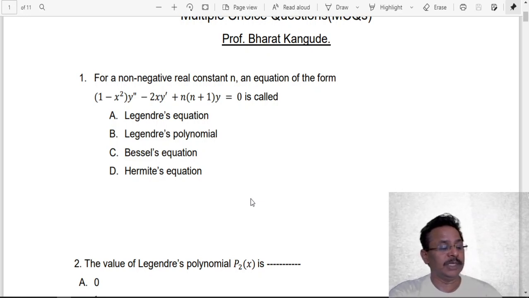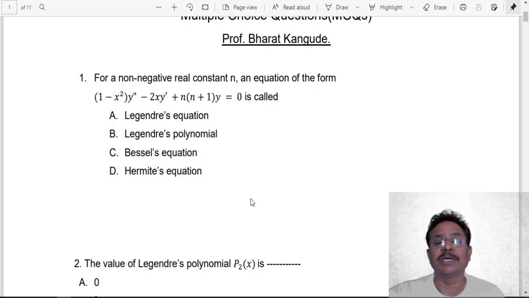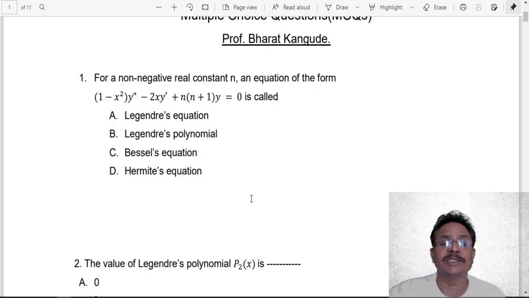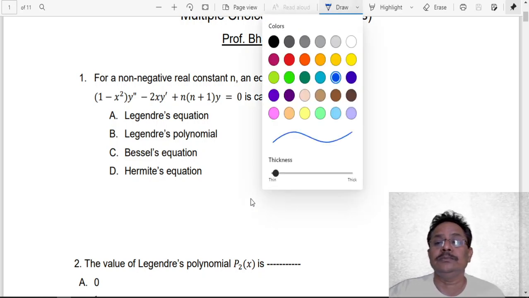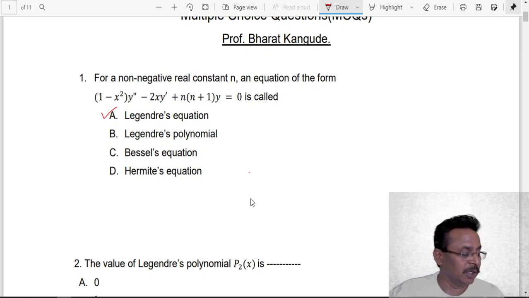In case of this particular problem, whenever n into (n plus 1) appears here, this first equation is said to be the Legendre equation. So this is a Legendre equation. So the correct option is A, that is Legendre equation.